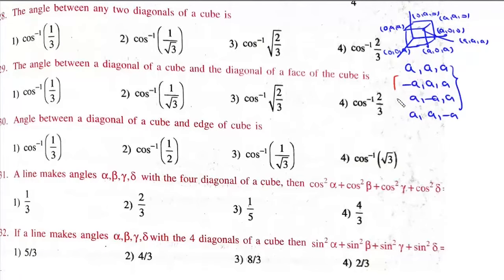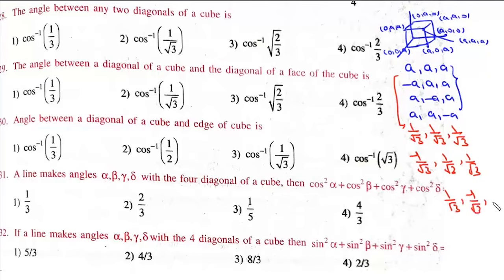Now their corresponding direction cosines are 1 by root 3, 1 by root 3, 1 by root 3; minus 1 by root 3, 1 by root 3, 1 by root 3; then 1 by root 3, minus 1 by root 3, 1 by root 3; and finally it will be 1 by root 3, 1 by root 3 and minus 1 by root 3.